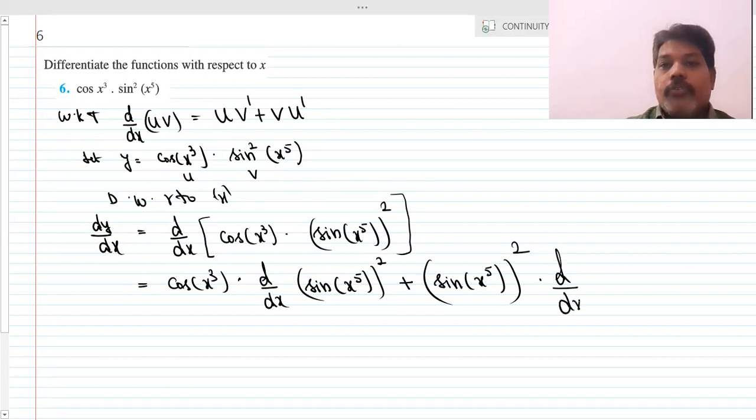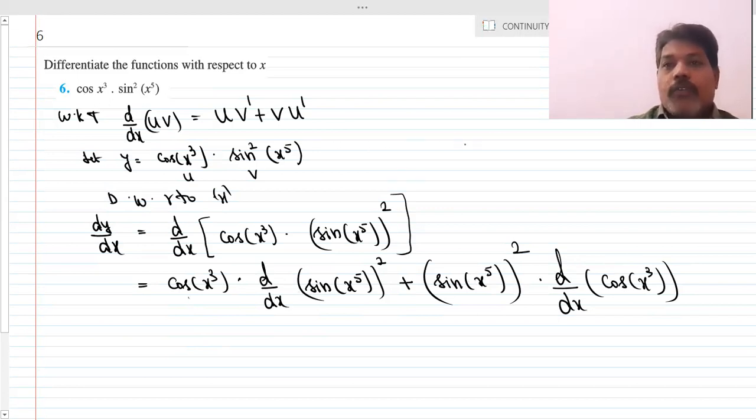Derivative of u is cos of x cube. See that one, students? So u into v dash plus v into u dash.